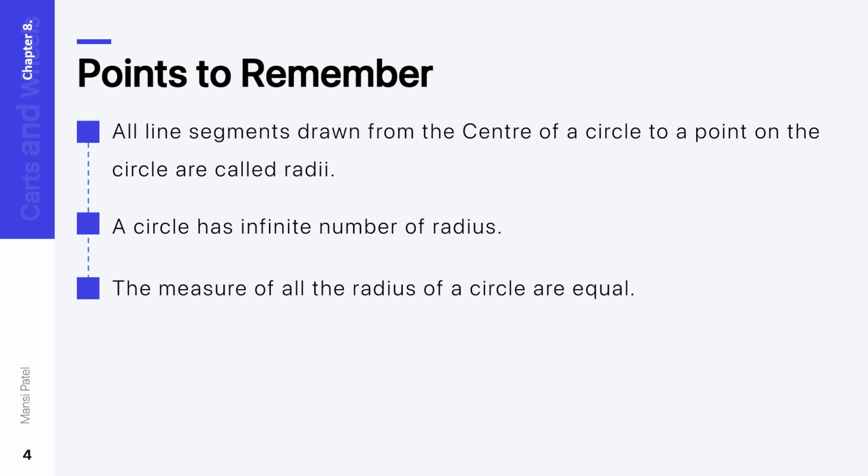That's why we can say that the radii of a circle are always equal. If we want to count the radii, we can't, because there is an infinite number of radii.